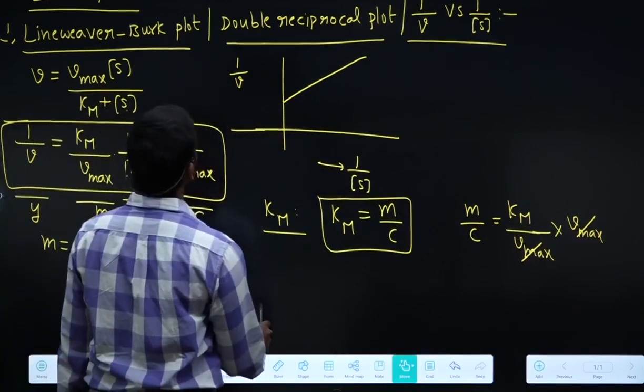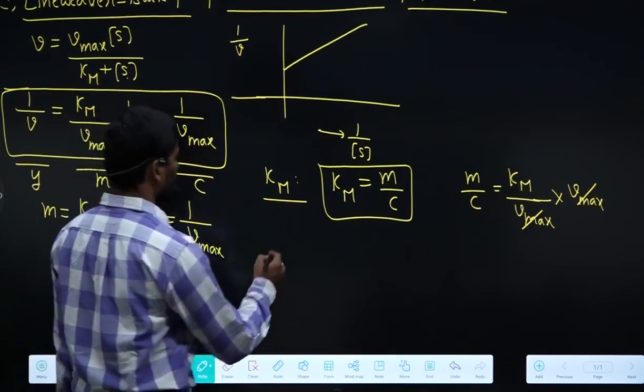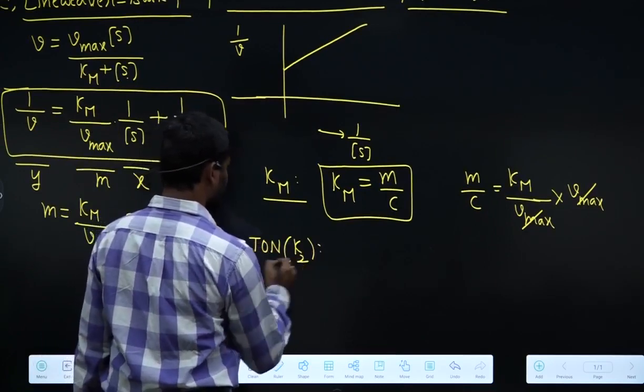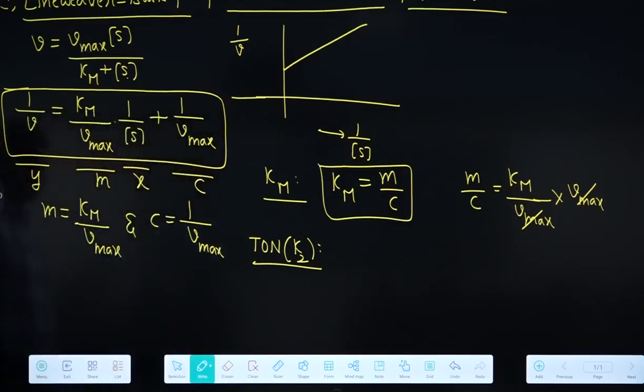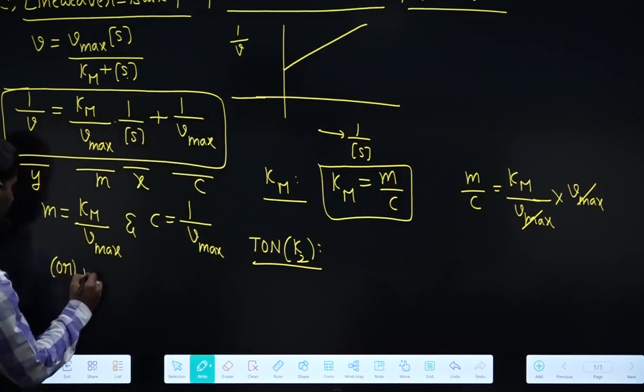Next, how to calculate the turnover number, K2? Here, slope is nothing but Km by K2 into E naught, you write like this only.